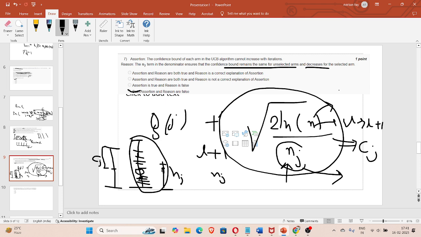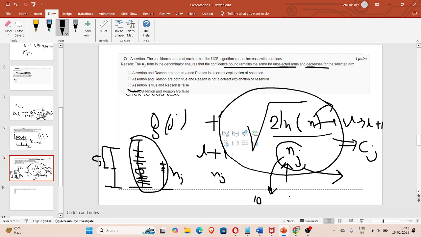And only the qj term will exist. Okay, so if n is too large, and suppose nj has been sampled very few times. Suppose n is like 10,000 and j has been taken like 10 times. This is the situation you want to say, right?